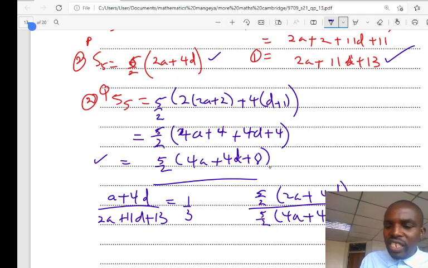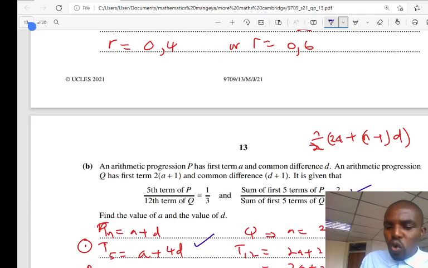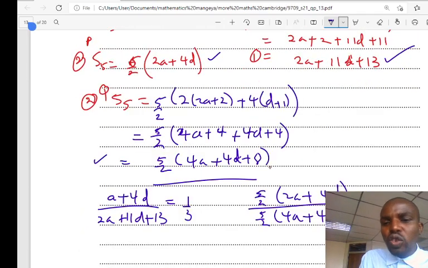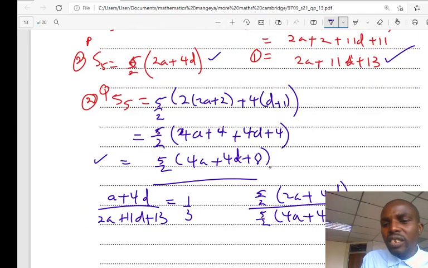We are given that it is equal to 2 over 3.